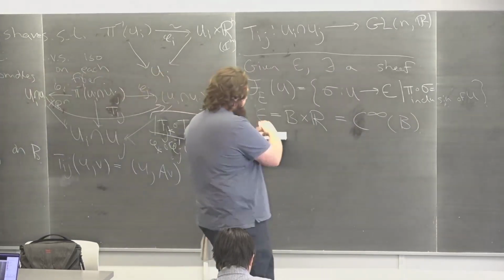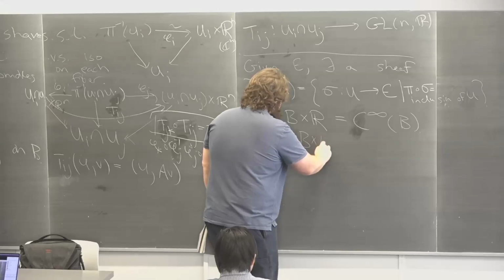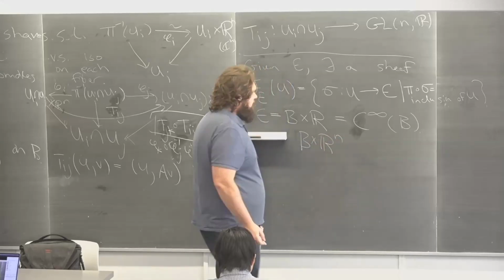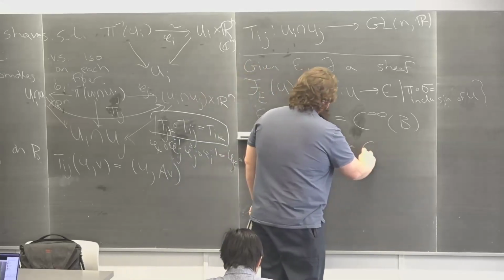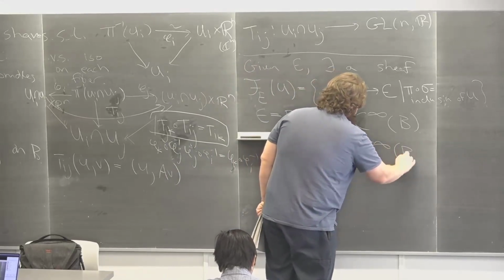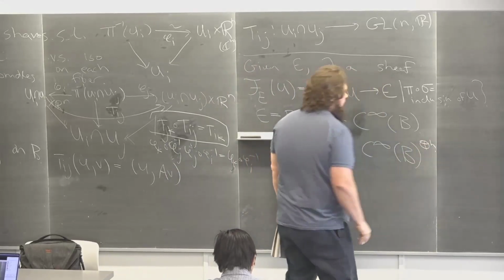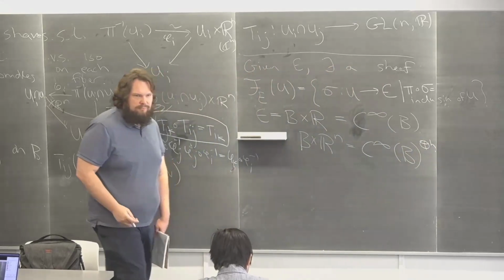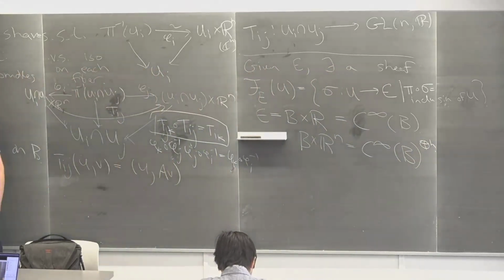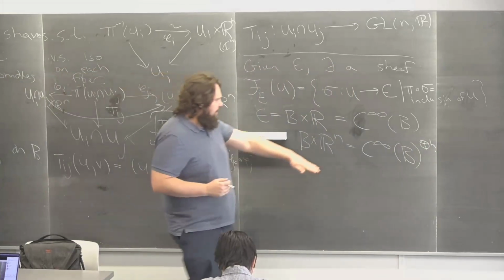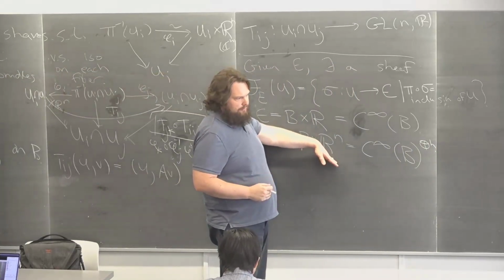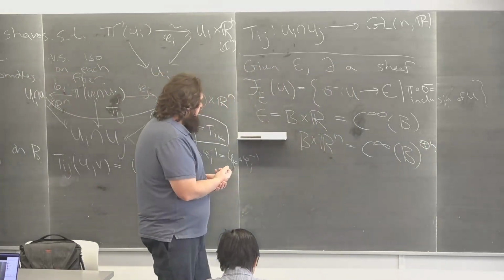More generally, if E is a trivial bundle, but of higher rank, what do I get? I get this guy direct sum n times. Right? I choose n smooth functions to be my n coordinates. Okay.